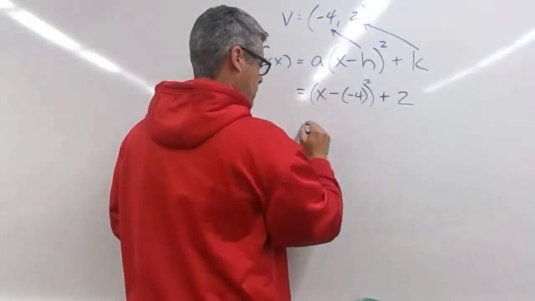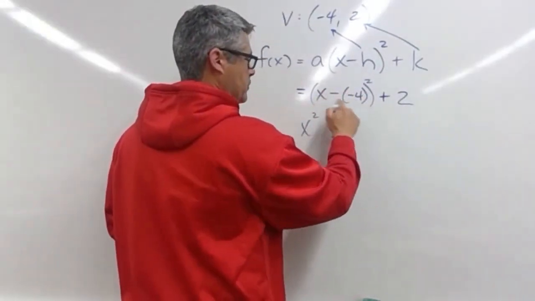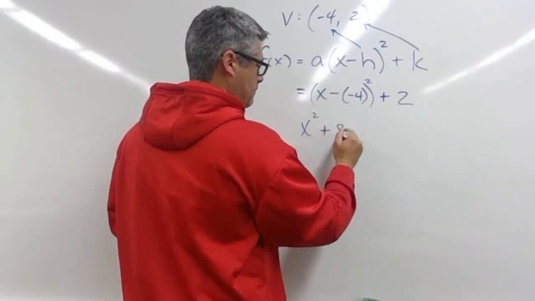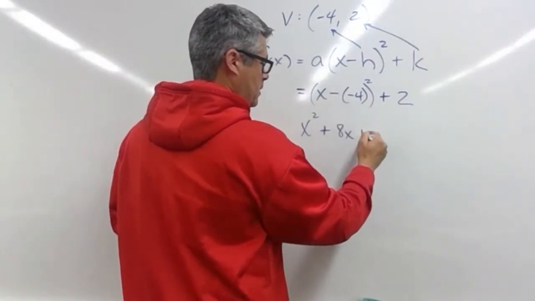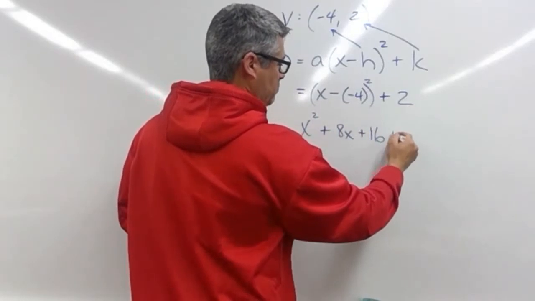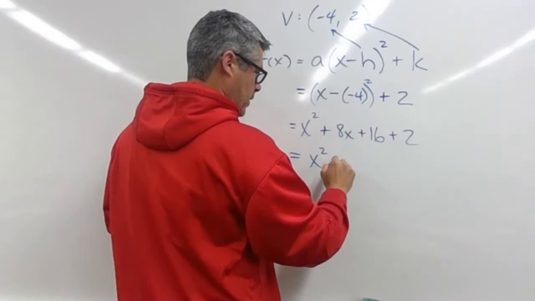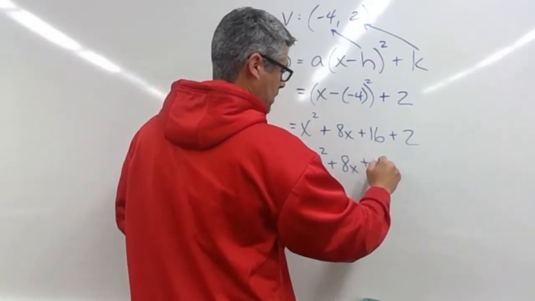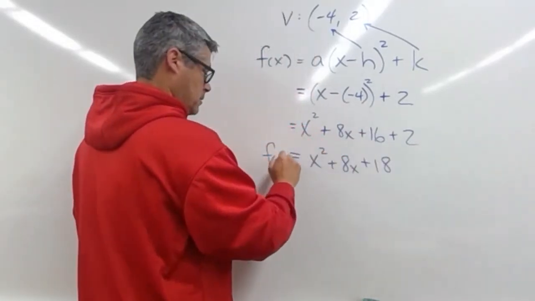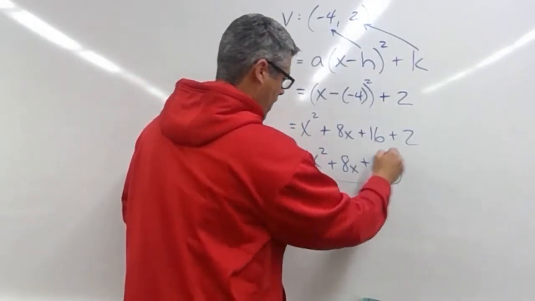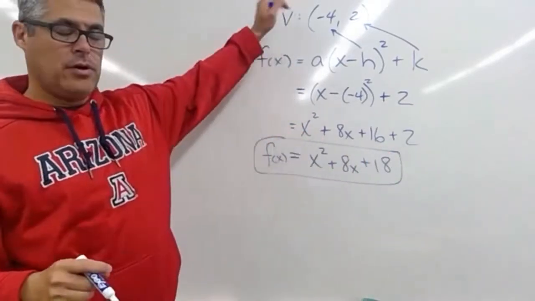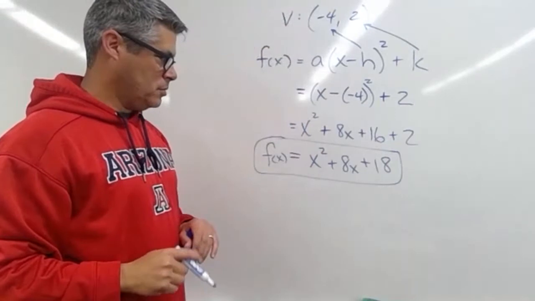And so X squared, multiply those together and double it. That squared. And then I have this +2 here. And so my final answer, X squared plus 8X plus 18.